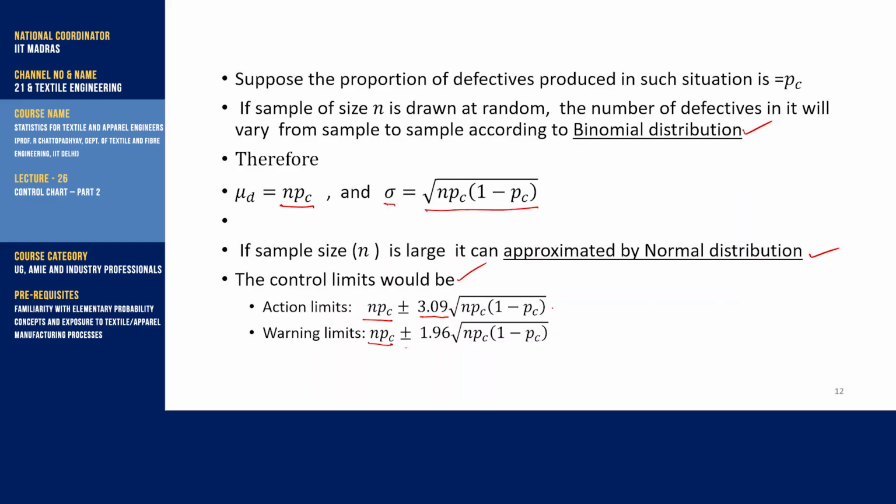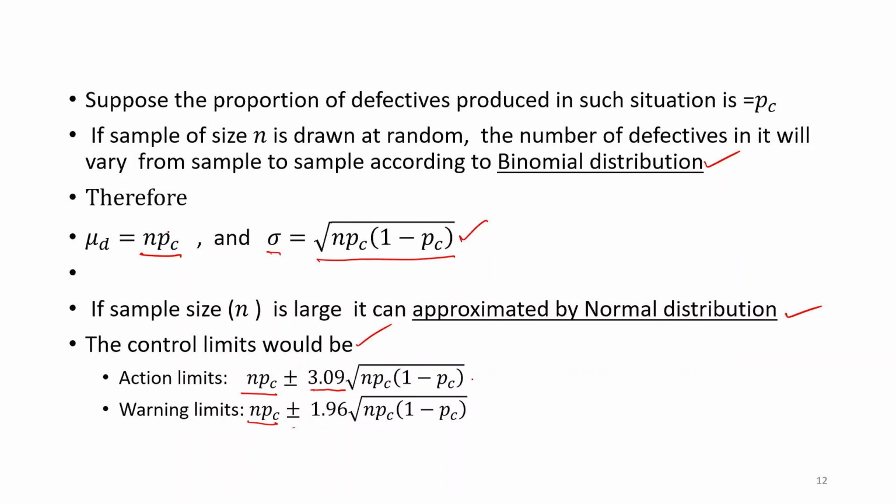So they become my action limit and warning limit. This is because sigma and the mean are those of the normal distribution also. Therefore the action limit will be mean plus minus 3 sigma.